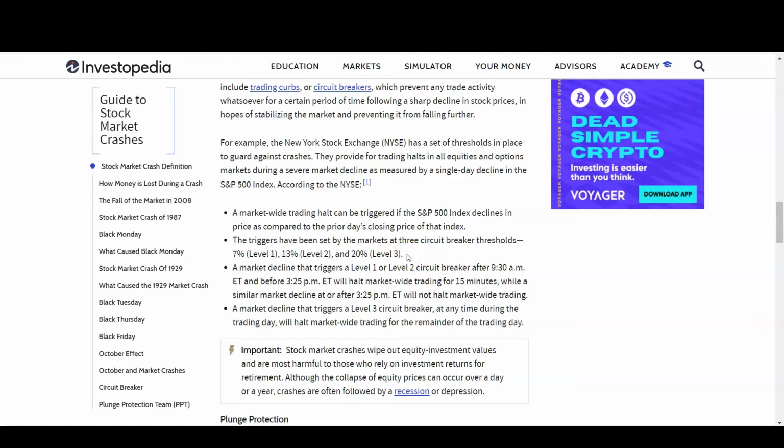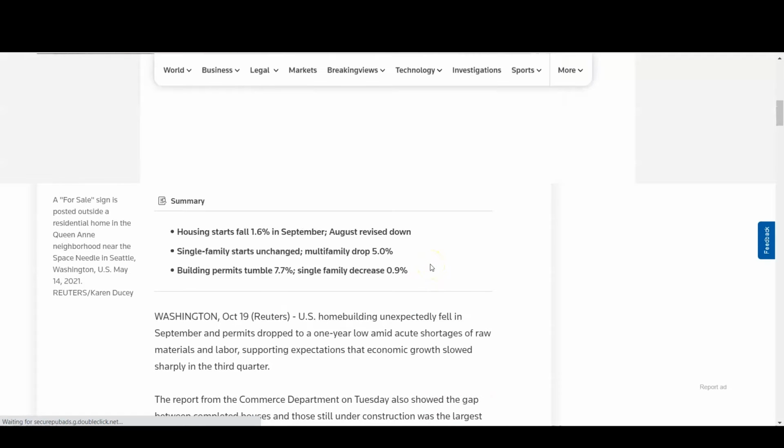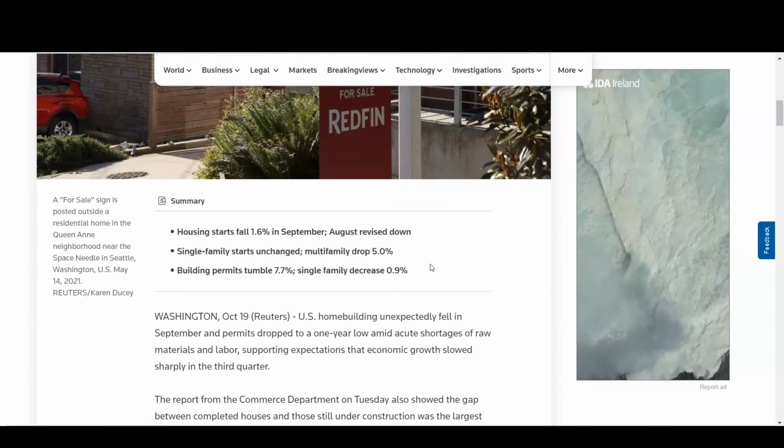The triggers have been set by the markets at 3 circuit breaker thresholds: 7% level 1, 13% level 2, and 20% level 3. So that was why I wanted to compare, because of that bullet point, building permits tumble 7.7%. What you're really seeing is a building permit crash. And therefore, how is that going to lead to a real estate crash?